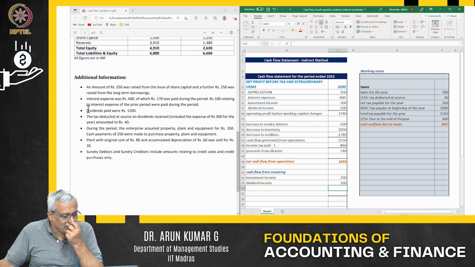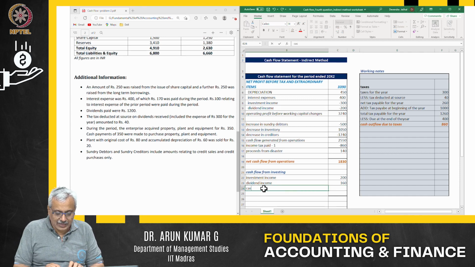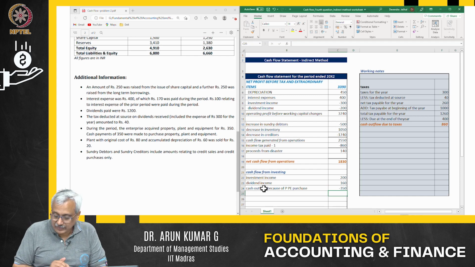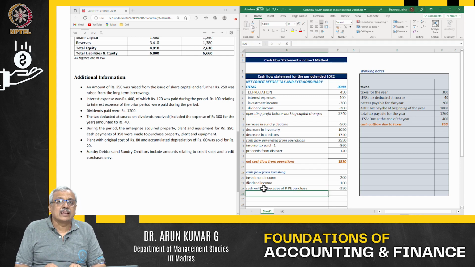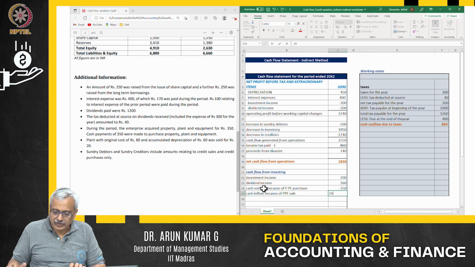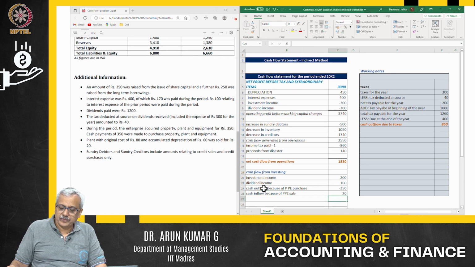Cash outflow because of plant and machinery purchase is 350. I explained this earlier. Cash outflow because of PPE purchase is $350, that we saw last time. And I have sold something. So, cash inflow because of PPE sale is about $20 in this case.